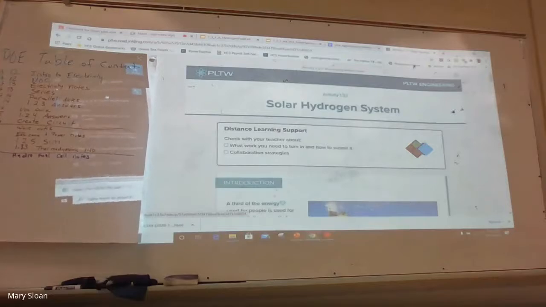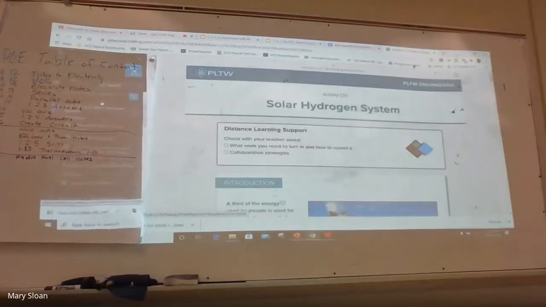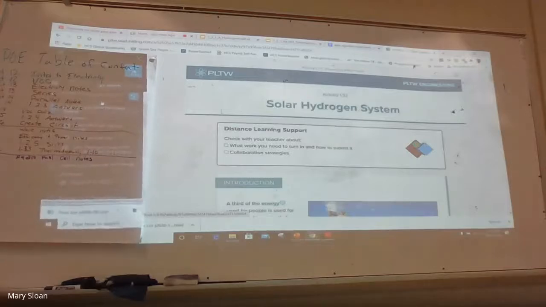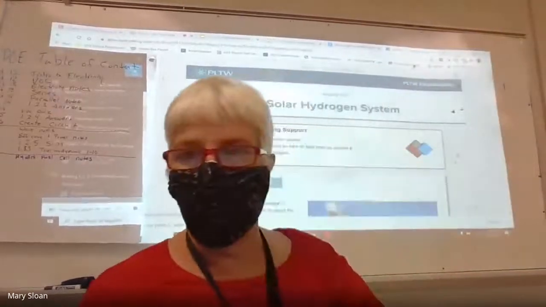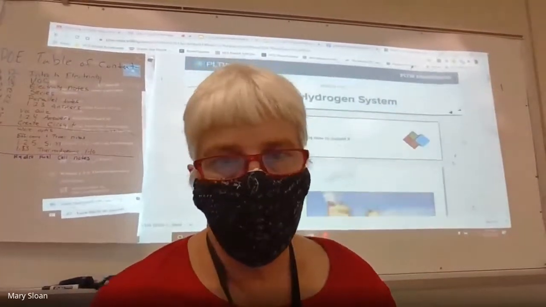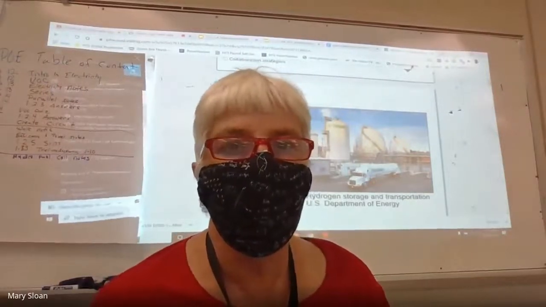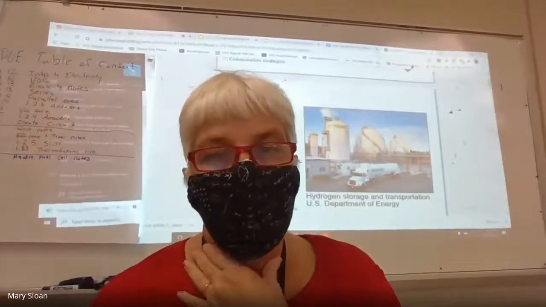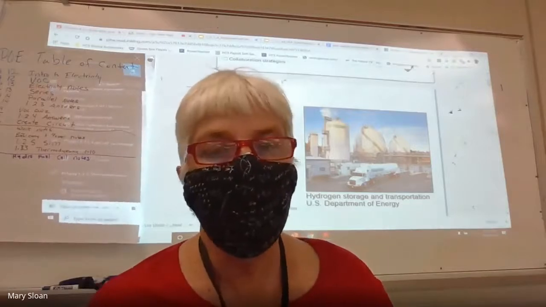What we're doing now is hydrogen fuel cell notes. Open up to your next blank sheet, and let's look over and see what it's talking about. It says a third of the energy used by people is used in transportation, mostly cars, trucks, and planes, and mostly fueled by gasoline, diesel, and jet fuels, which we get from petroleum.